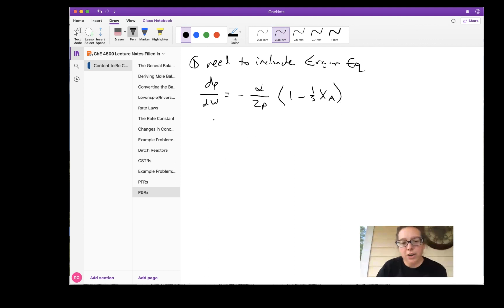The limits of integration here: p goes from what two values?